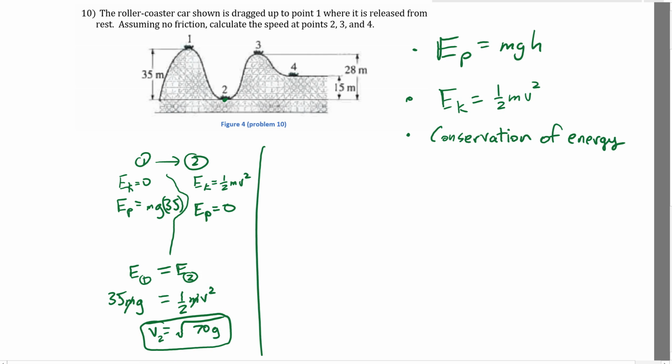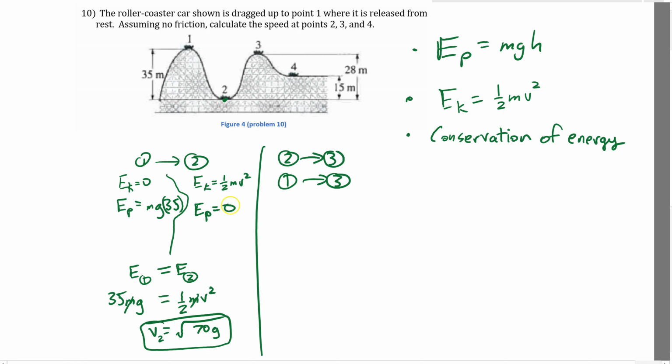All right. For point 3, you could go from 2 to 3, now that we know how fast it's moving at point 2, or you could go from 1 to 3, and you would get the same speed either way. There's not really an easier method. Usually, if you have to pick a point, you want to pick a point that's going to make it easy to calculate things.